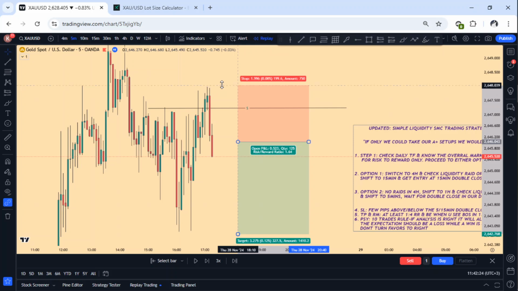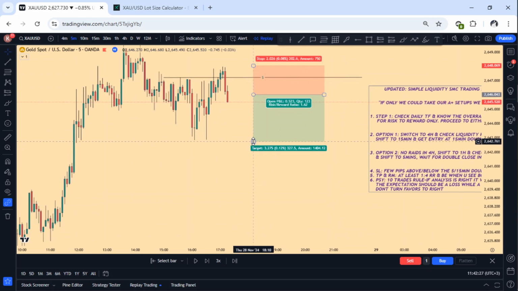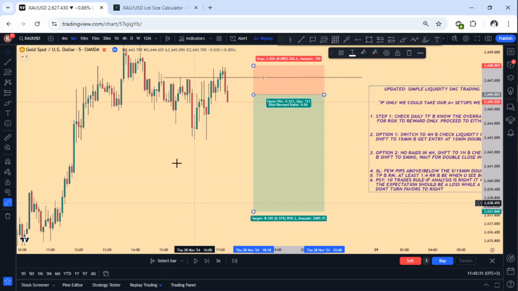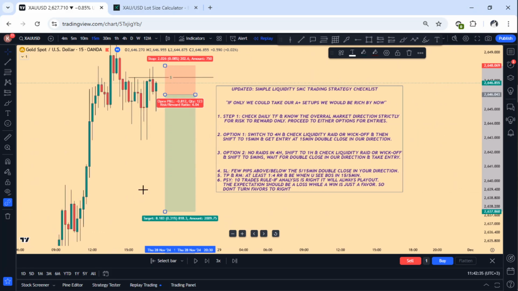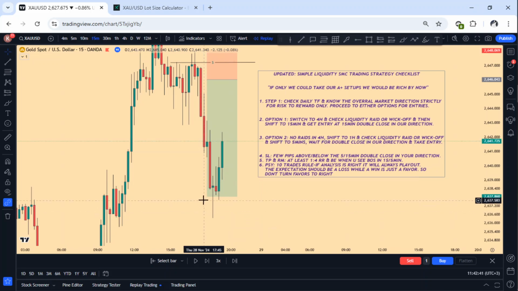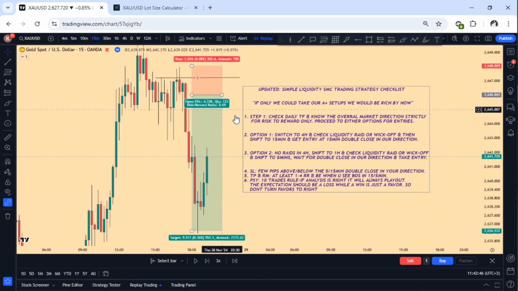It is that simple, very mechanical, very easy to follow. Then you target your 1 to 4 as the strategy recommends, and that becomes the entire trade. So it was that simple. You can see that within the shortest time possible, you are already at your 1 to 4.